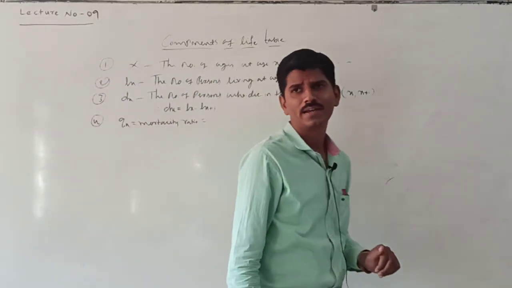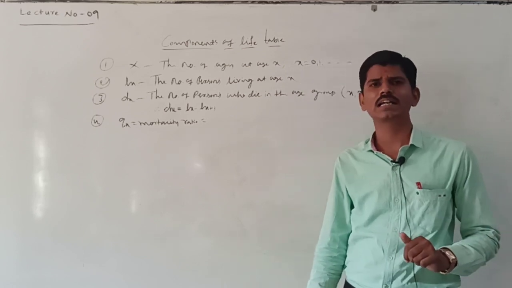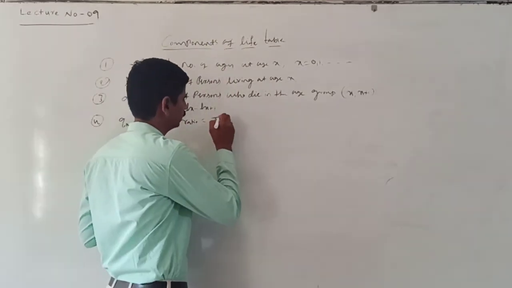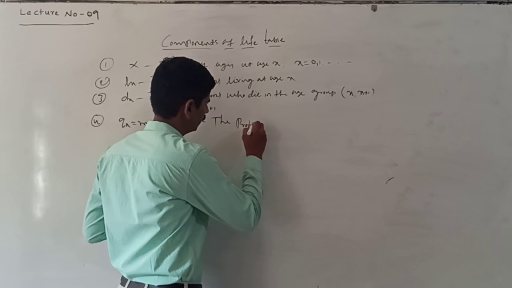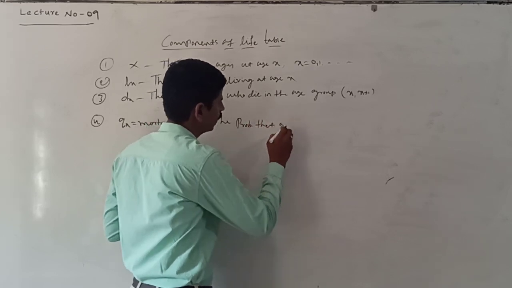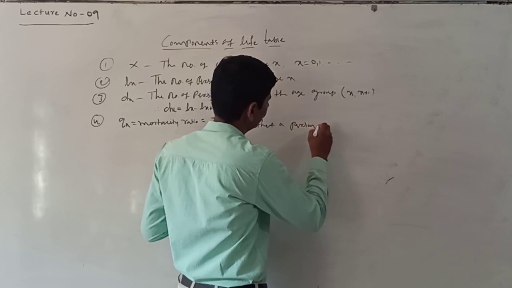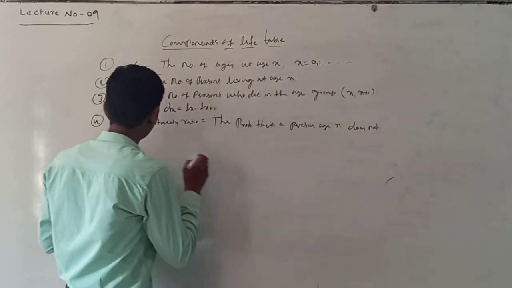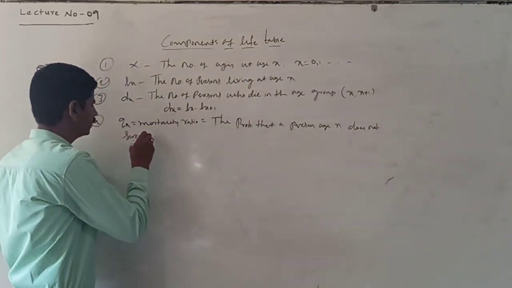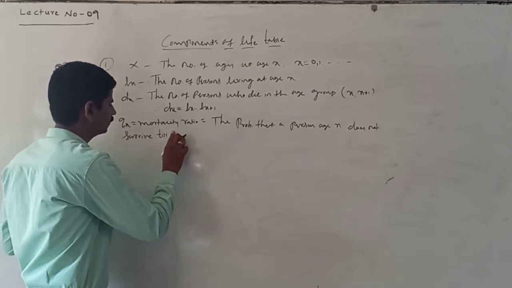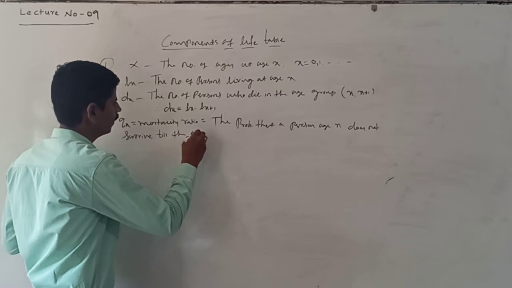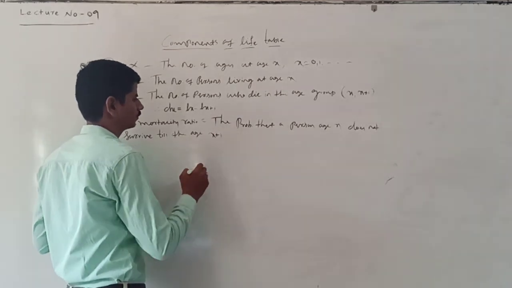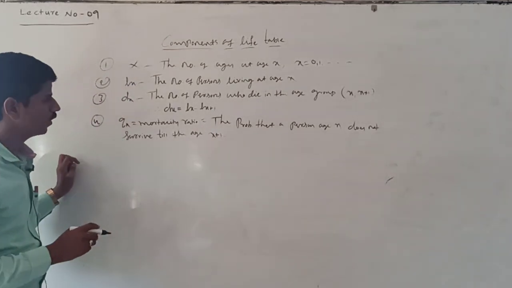The probability that a person age x does not survive till the age x plus 1 is a mortality ratio.